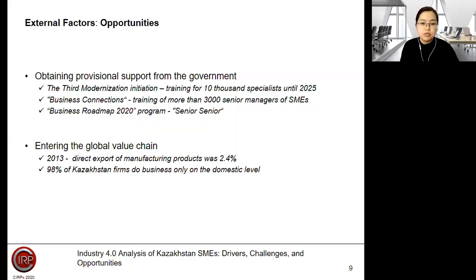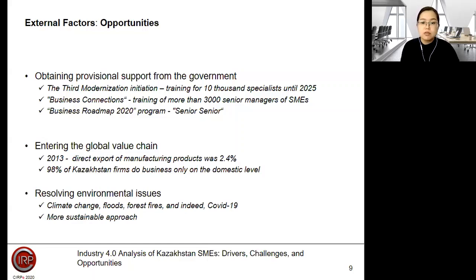It was also stated that 98% of Kazakhstan firms do business only on the domestic level, while the inclusion of SMEs in the global value chain could potentially facilitate a knowledge sharing environment, as well as the creation of new business models with a globalized market focus.